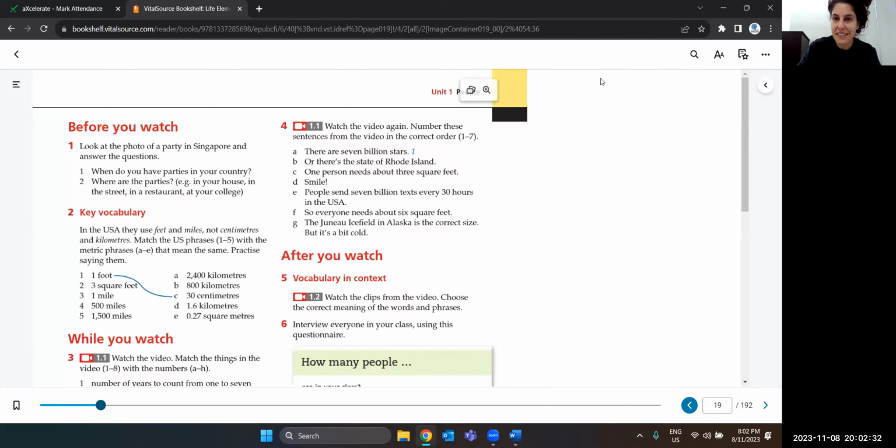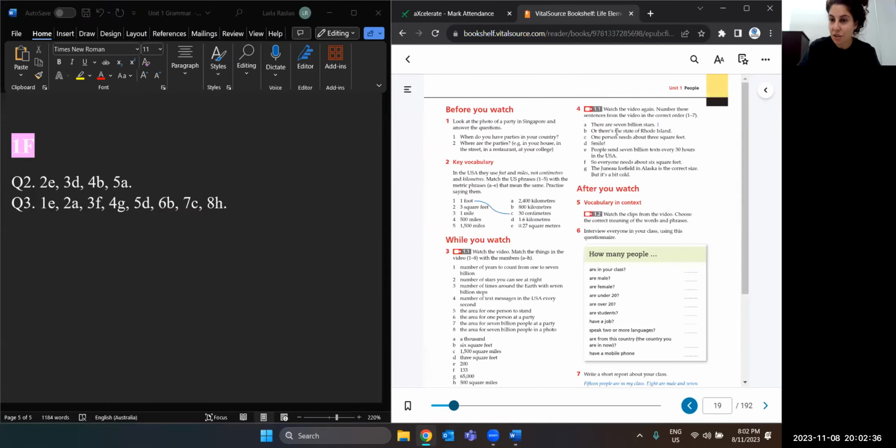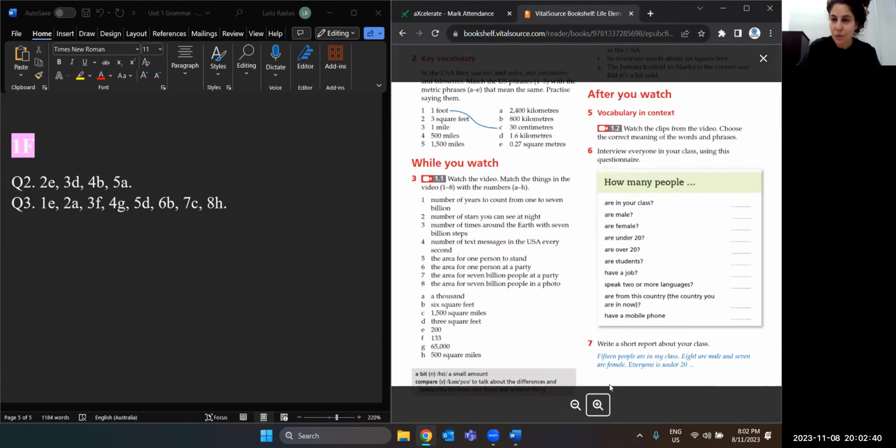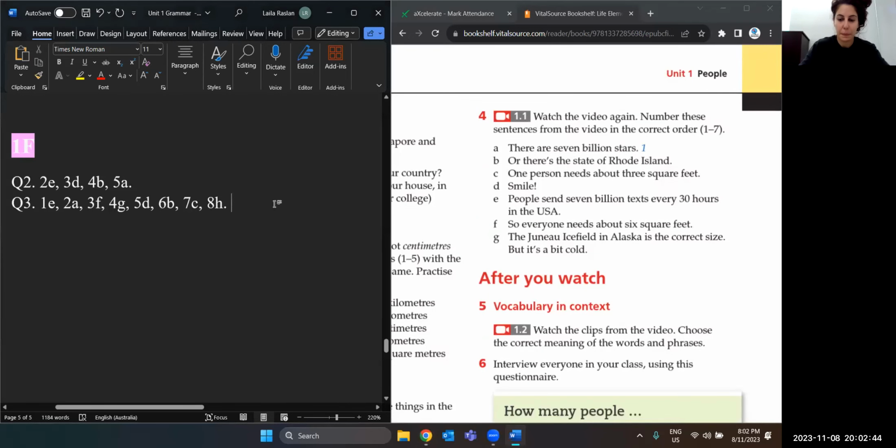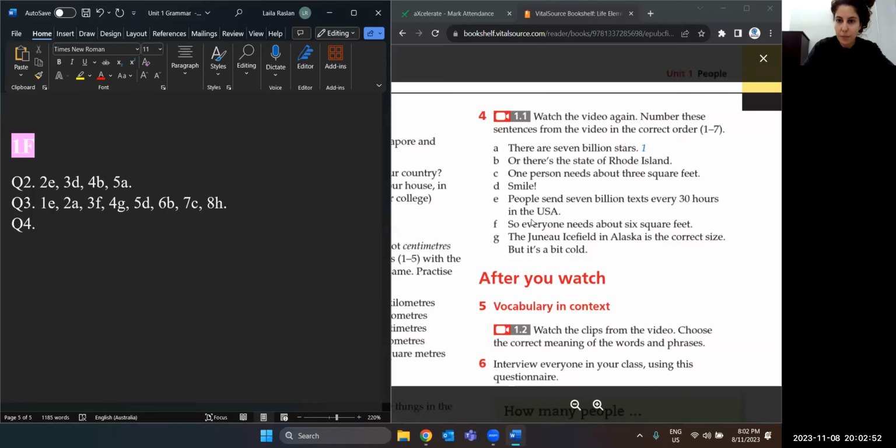Okay, what did we see happen first? So the first one is that they told us there are 7 billion stars, and then what did we know as number 2 next? People send texts every 30 hours in the USA.